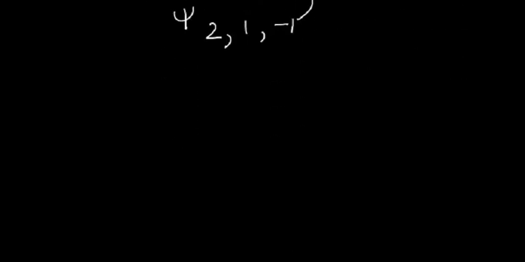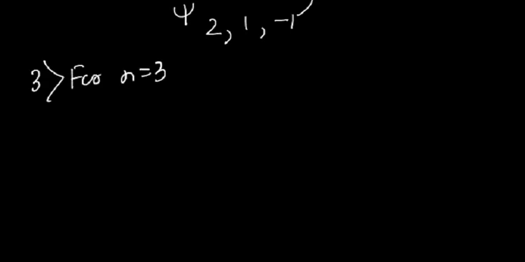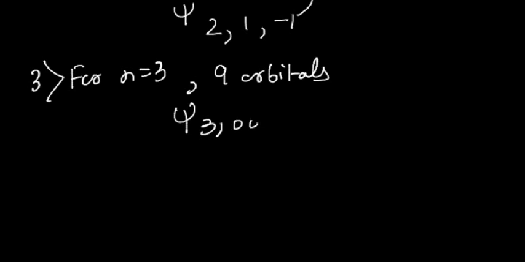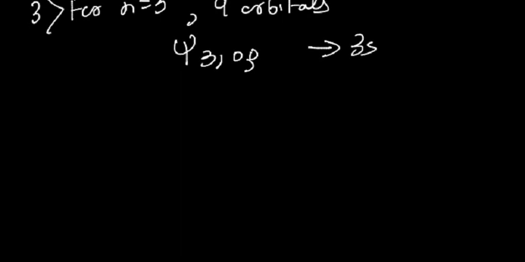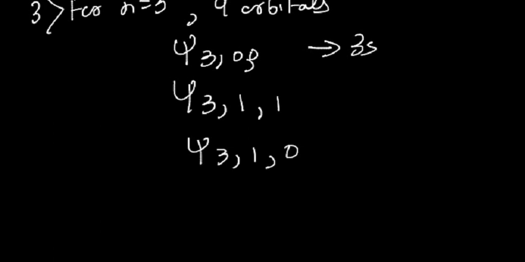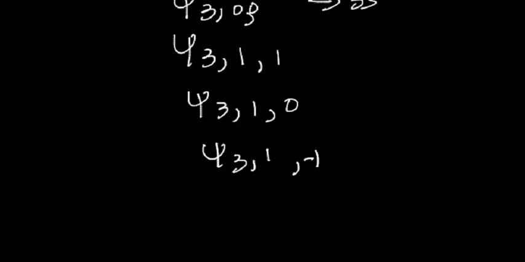Moving on to n equals 3, there are 9 orbitals. We'll be listing them all. Phi 3, 0, 0, which is nothing but the 3s. I'm not writing the orbitals since it is going to cost you some time. Phi 3, 1, 1, phi 3, 1, 0, phi 3, 1, minus 1. This is a very mechanical process and it's very easy to understand.